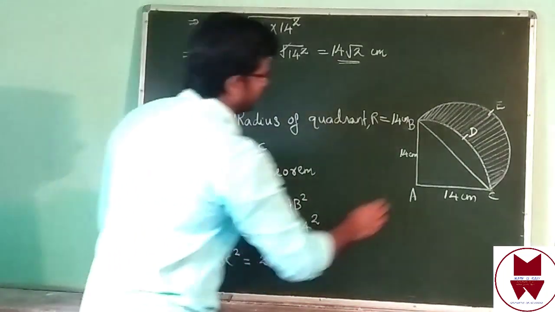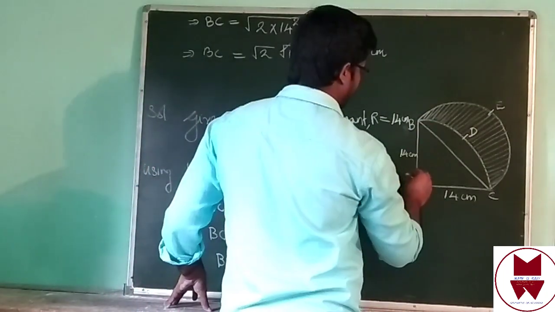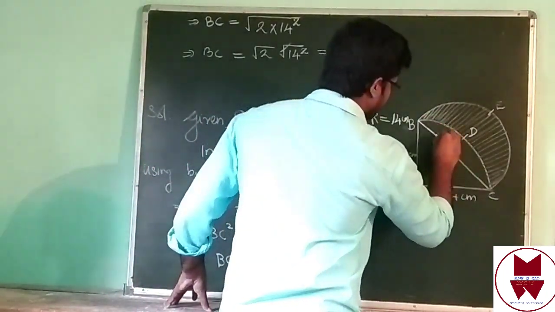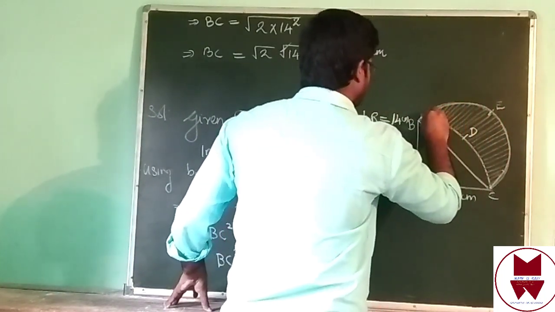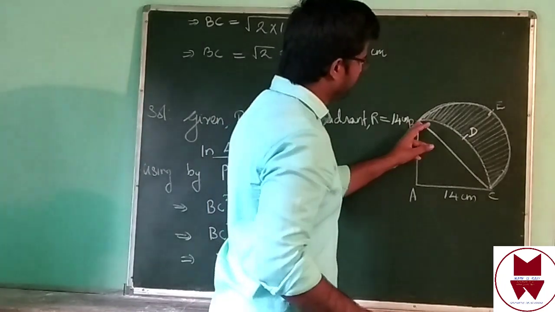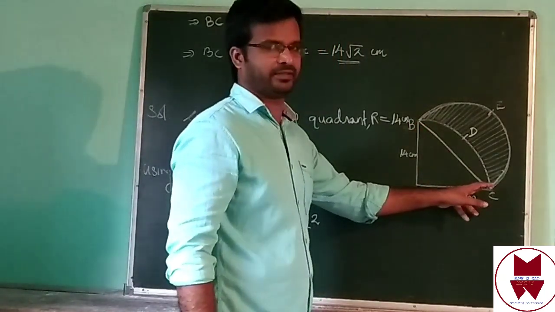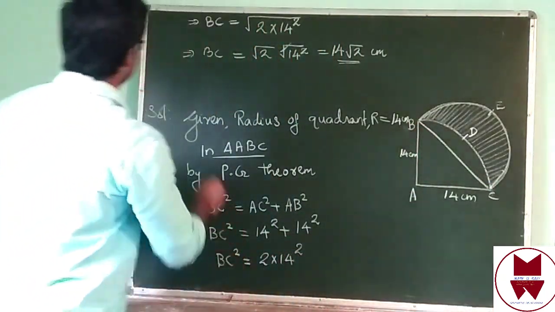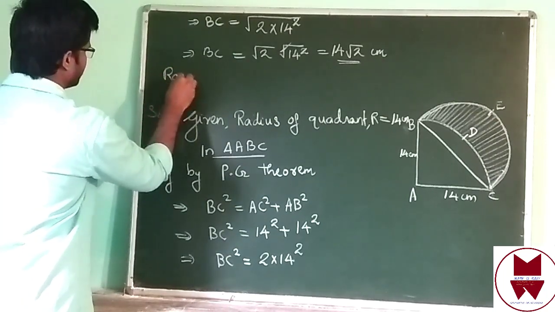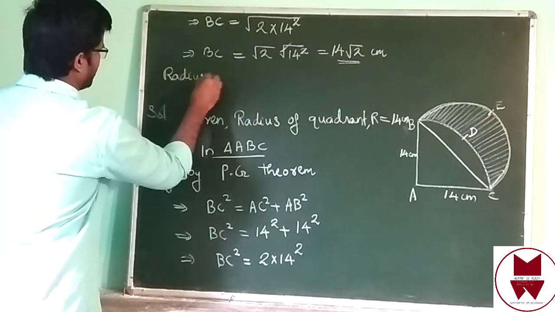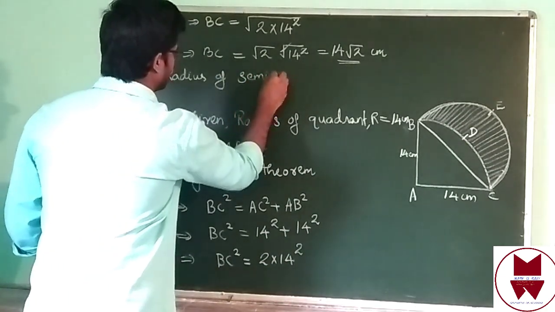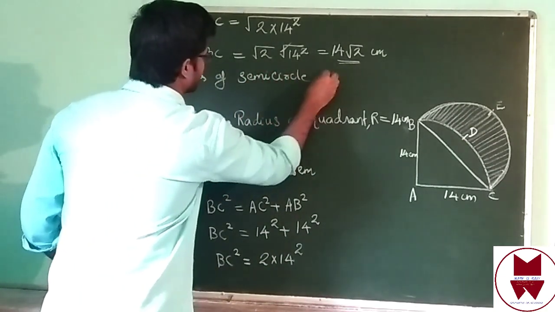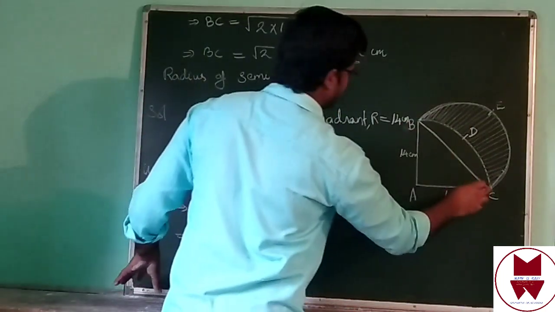Then what is BC? Here you can see one semicircle, that is BCEB. When you consider this semicircle, BC is the diameter, isn't it? Therefore we can write the radius of the semicircle on BC.